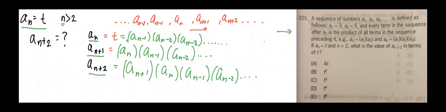Remember that this whole product, going back all the way, is called An right here. So look at this. This is the same thing as the thing above, isn't it? Look, it's An-1, An-2, An-3, dot, dot, dot, and An-1, An-2, An-3, dot, dot, dot.